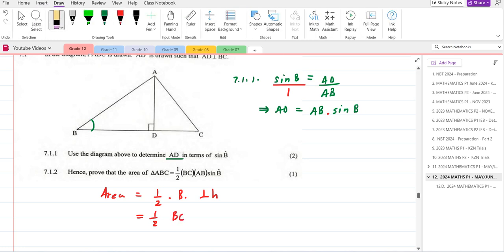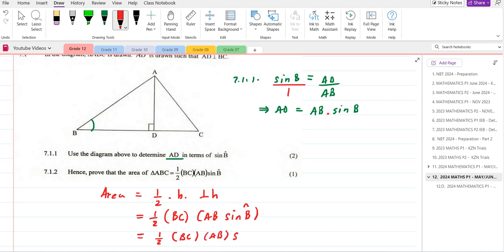Why did I write capital B? It's a small b. Alright, so half BC. What's the height? Height is AD. And what is AD? AB sine B. Right, so you can write it out like this as well. So that's half BC AB sine B. So we proved it. Perfect. Let's move on to the next problem.